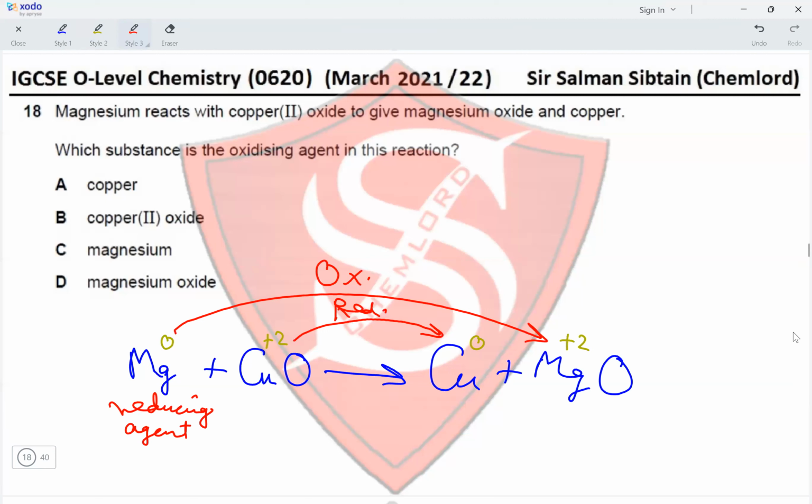And since copper oxide is reduced to copper, it is an oxidizing agent. So the question is asking which substance is the oxidizing agent in this reaction. So this is copper oxide or copper 2 oxide, making option B the correct option for this question.